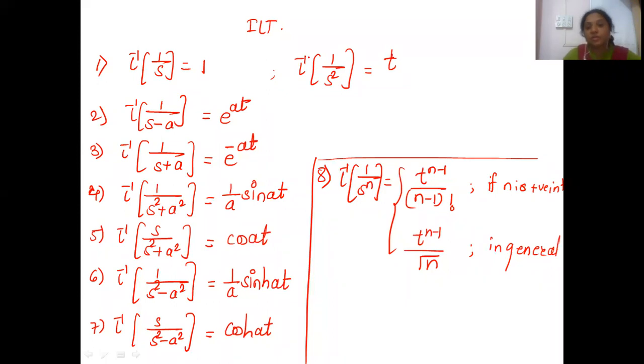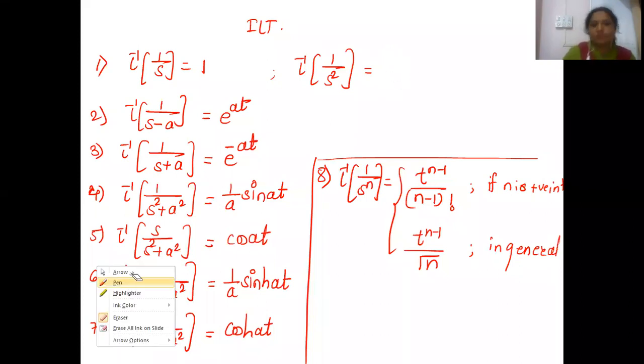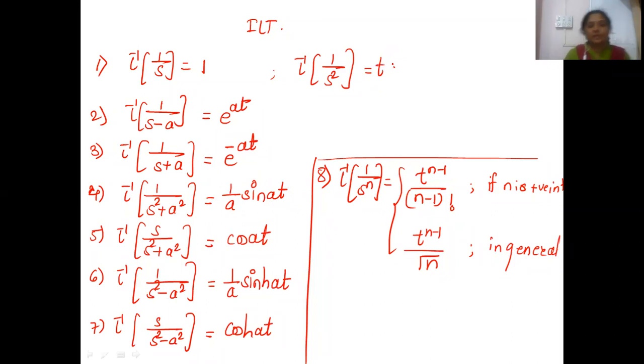That can also be used as a formula, or it is covered in this one if you don't want a separate formula. So these are 8 important formulae in Laplace inverse.